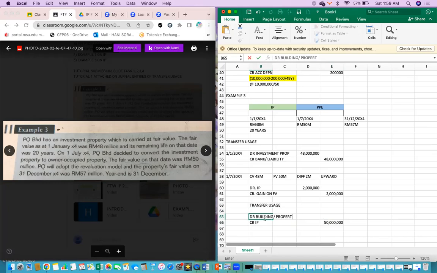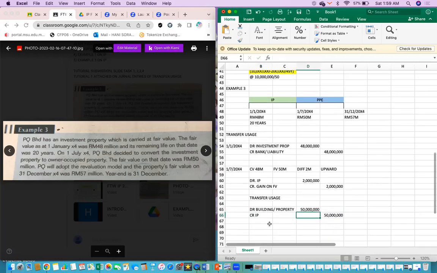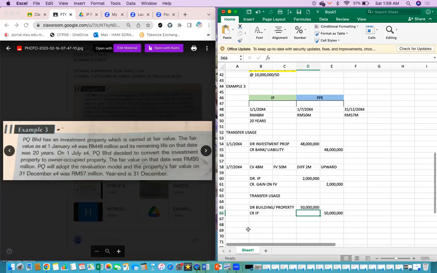But you use consistently. If you use building, you use building until the end of the calculation. If you use property, then it will be until the end of the calculation. Okay, so now this asset is going to be building, which means under MFRS 116. So why do we debit? Because we want to increase asset. Why do we credit? Because we want to decrease the asset. IP decrease, PPE increase.